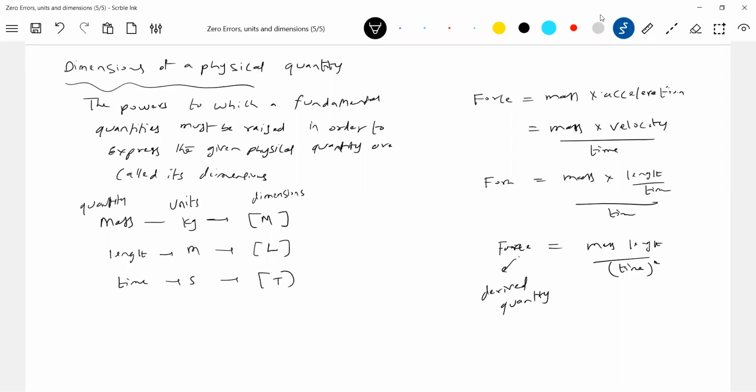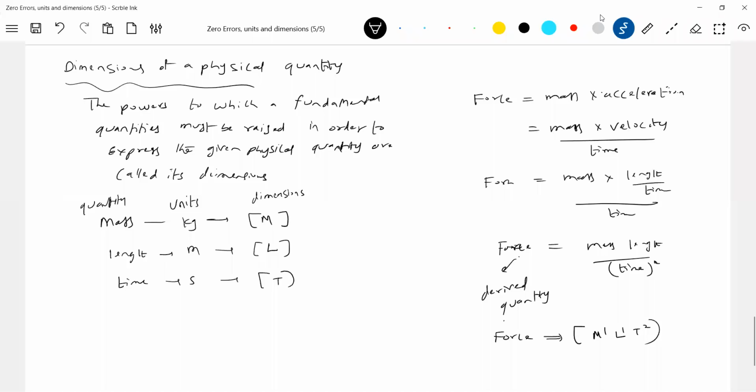How is this derived quantity related to the fundamental quantities? Every time writing mass, length, time square will be time consuming. Instead I want to go for a symbolic form. So what are the dimensions of force? M¹ L¹ T⁻². I think this is the best way of representing it.